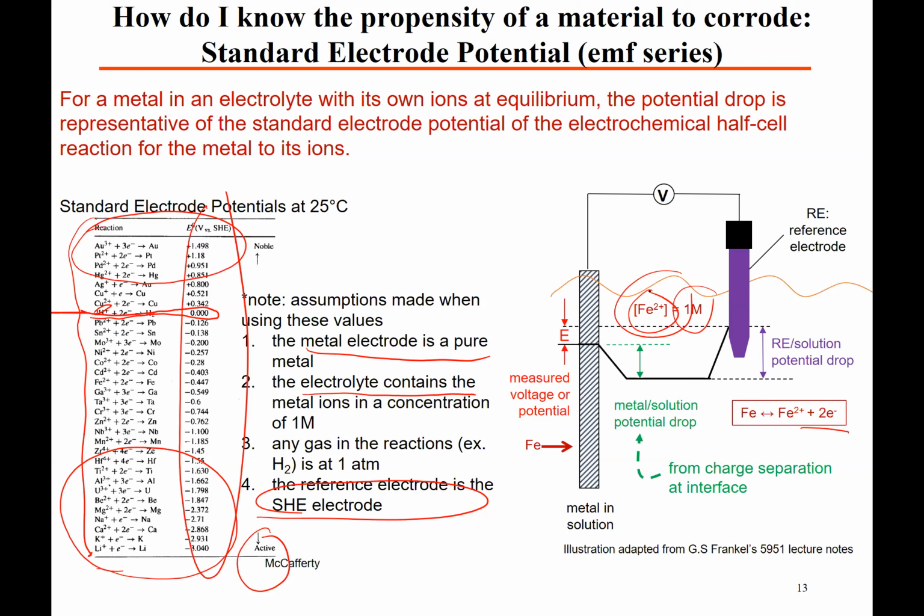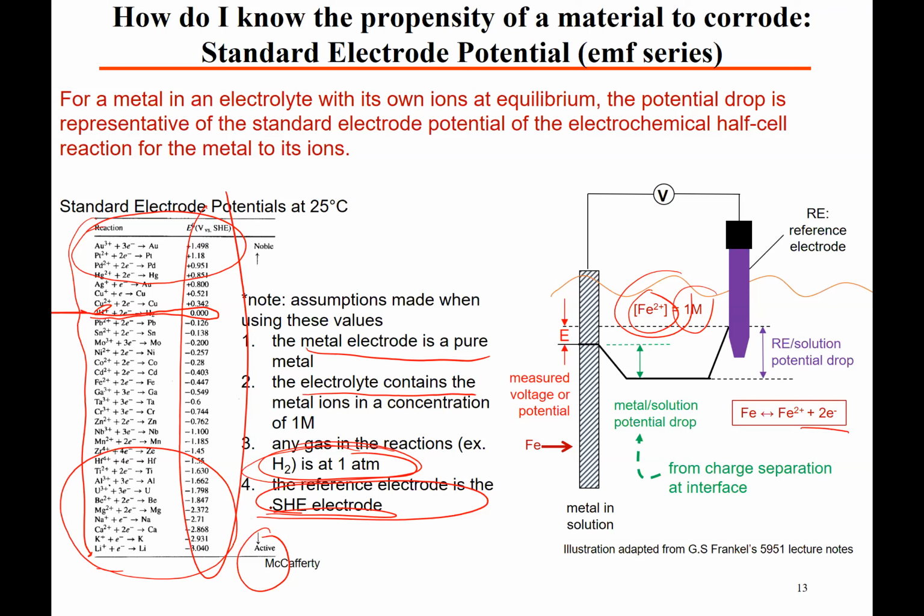And then any gas evolution: when we talked about iron in HCl, with hydrogen evolving, or aluminum in water evolving hydrogen and producing aluminum oxide, we assume that the gas produced is at ambient pressure, so that's 1 atmosphere. And we compare everything to the standard hydrogen electrode.